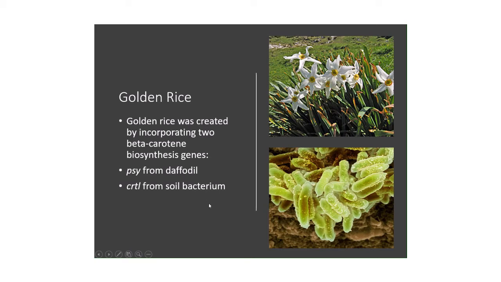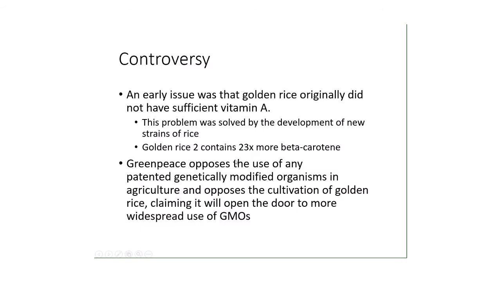By creating this recombinant DNA and giving it to the rice, scientists were able to produce rice that has beta carotene in it. That should help solve the problem of vitamin A deficiency if you're able to grow golden rice in countries that need it.